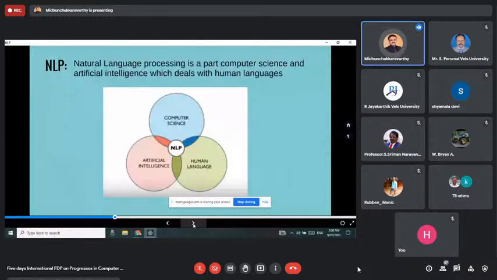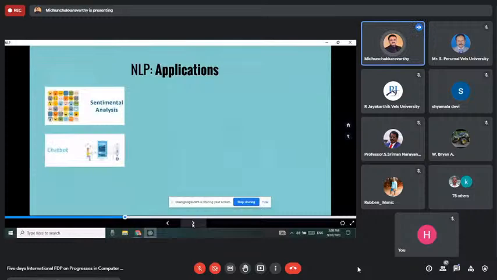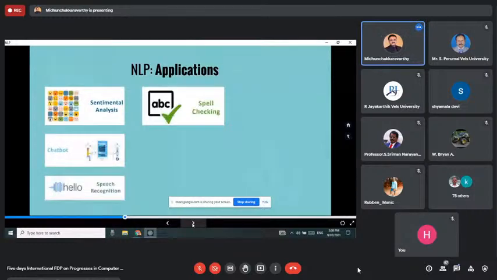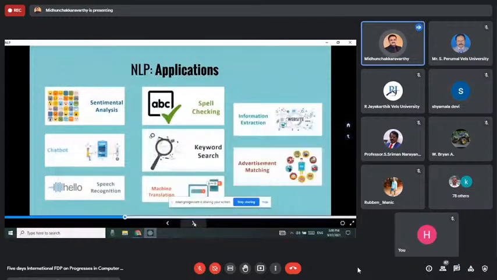So NLP applications, just now I was also saying the same. Sentiment analysis, chatbot, speech recognition, spell checking, keyword search, machine translation, information extraction from websites. I think people who are doing reviews and sentiment analysis might also have used information extraction.